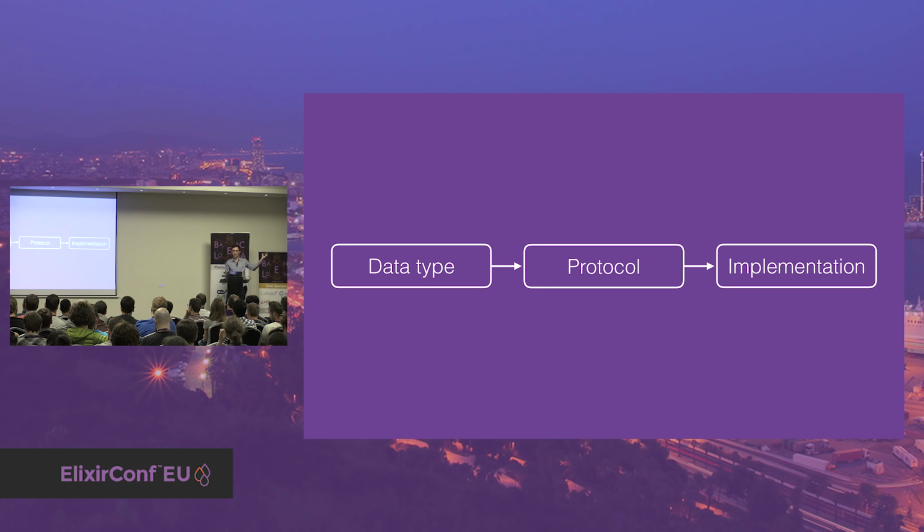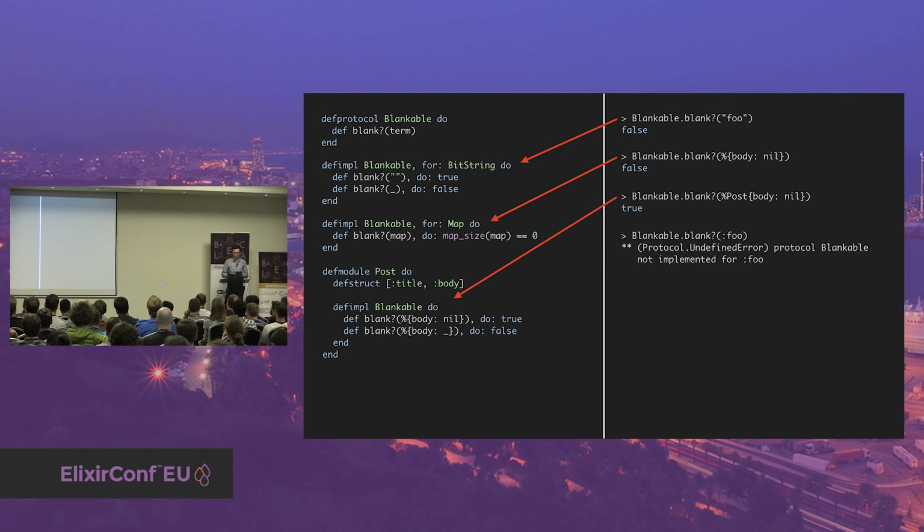So we take our data type, we pass it to our protocol, and then our protocol, given the implementations that it knows about, will call an implementation for the data type that you pass it. So let's walk through a very basic example of that. Okay, so here we're going to create a protocol called Blankable. And Blankable just has a single function, blank, which will tell you if a data structure is blank or not blank.